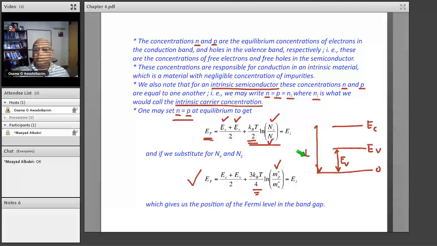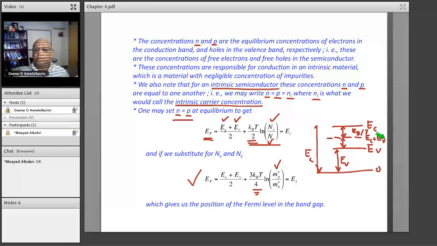If I add the two, EC plus EV over 2, what I end up getting is a point exactly in the middle of the band gap. If you add these two and divide by 2, you exactly get the middle point of the band gap.